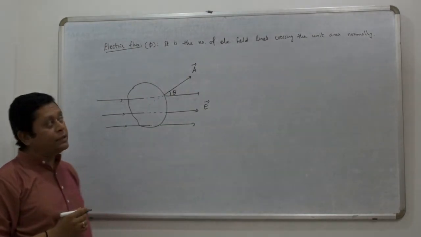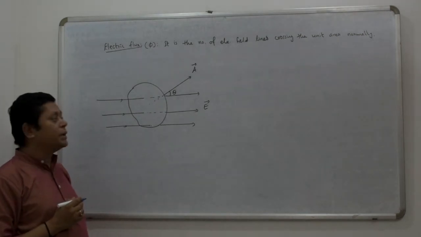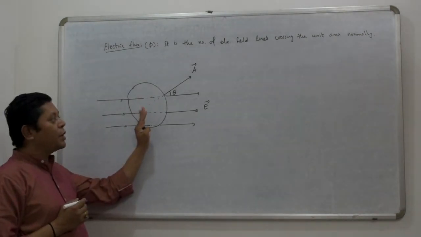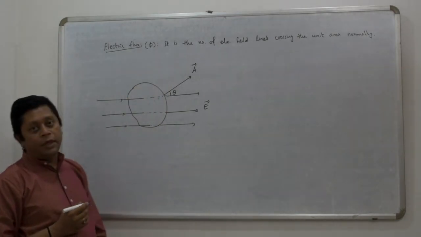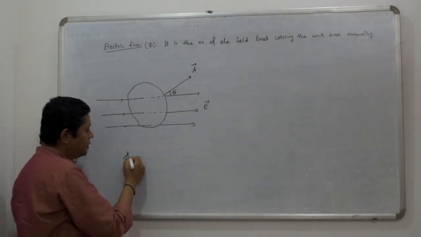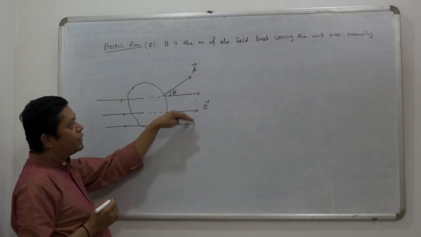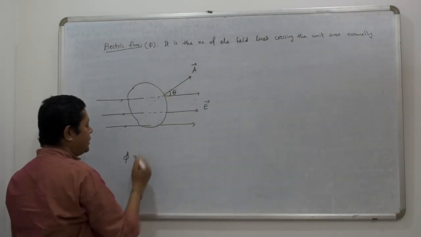Electric flux is defined as the number of electric field lines crossing the unit area normally to the surface. Normally means in the direction of the area vector. So what is the value of the electric field in the direction of the area vector? That is the component of the electric field.